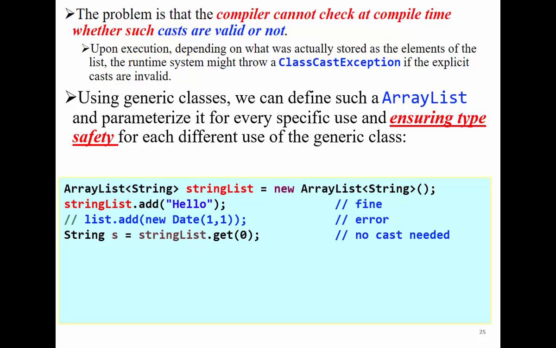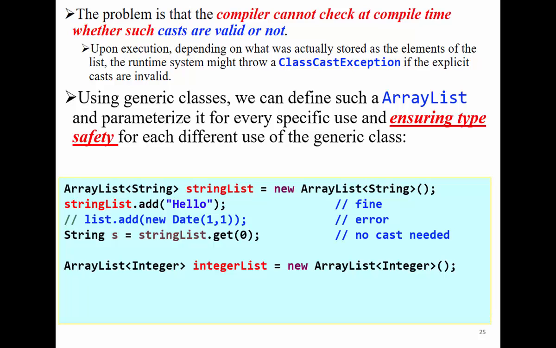I can get index 0 safely. I don't need casting at all, because I know that this list stores only strings. Also, later in my application, if I decide to use an ArrayList of integers, I can define it by putting inside the angular brackets that I need only Integers, and again I can store integers. Here I put a new Integer with 10.